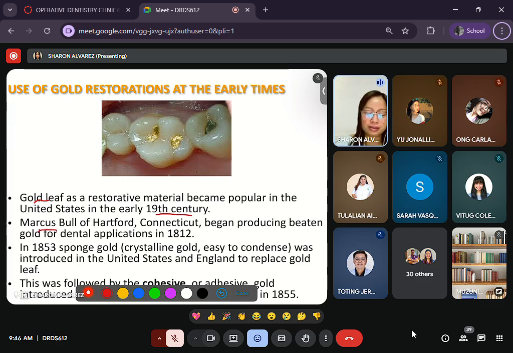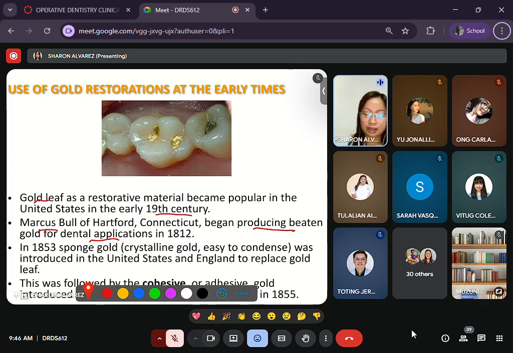Marcus Bull from Connecticut began producing beaten gold for dental application in 1812, because many kinds of restorative materials were used before. So gold had not been manufactured in a standard manner, and there were many ways of manufacturing gold for restoration.